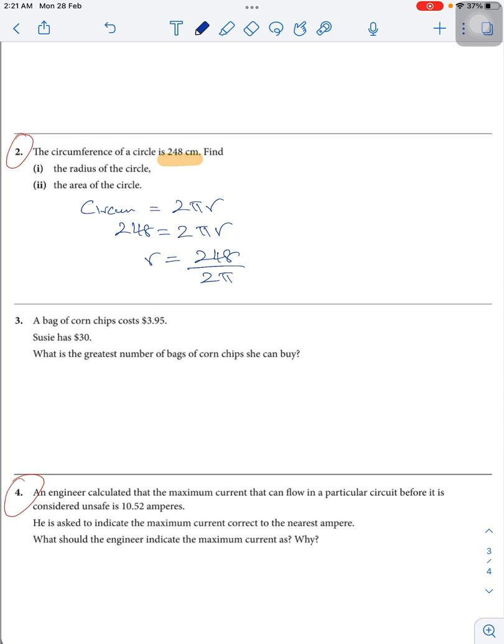Now over here, you need to consider the pi as the calculator value. Okay, and when you write your answer, it should be 3SF.